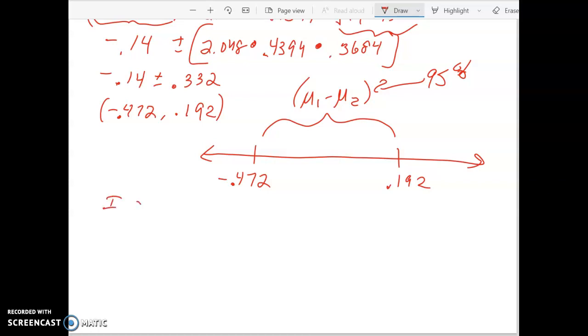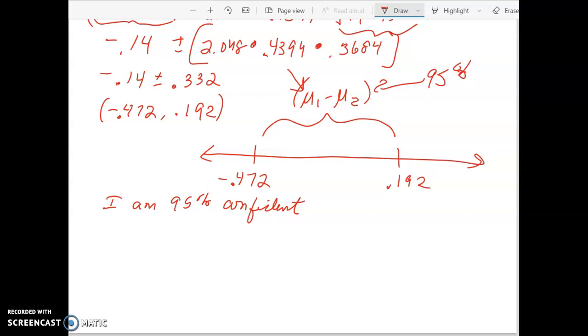So I am 95% confident that either the difference in the means, or you could say 1, remember 1 represents sophomores, so we're going to say that 1 compared to 2, that's how we're going to interpret it here.